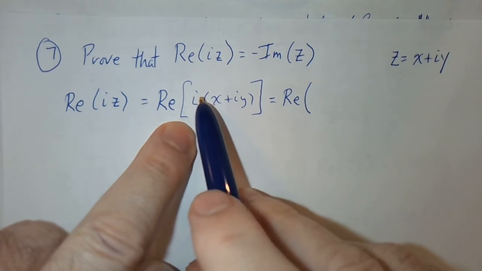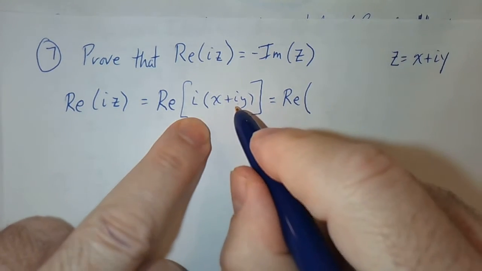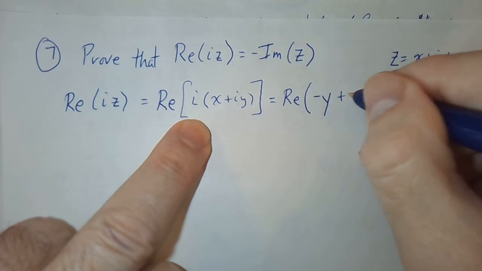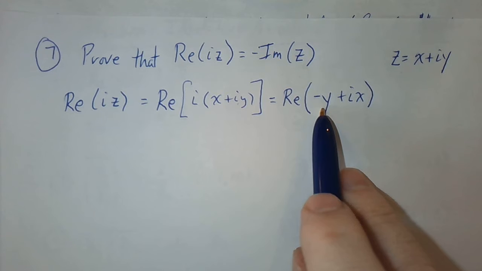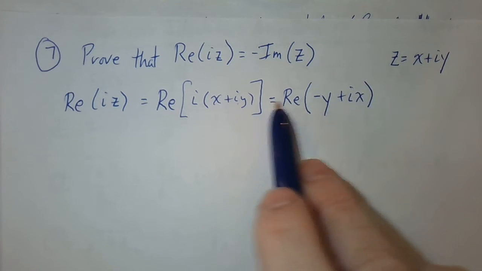I'm going to do i times iy first. That would give me a negative 1 times y, negative y, plus ix. So now this is written in the proper form. Here's the real part, and the imaginary part is x. Well, what's the real part of this?